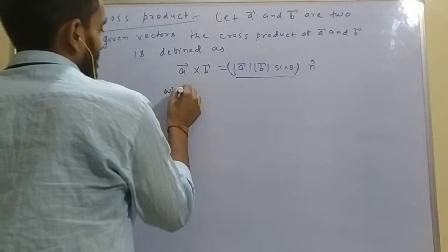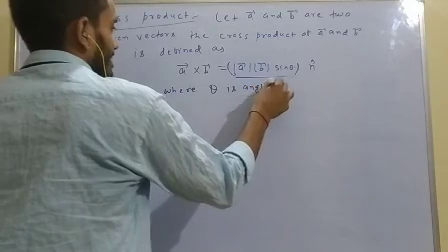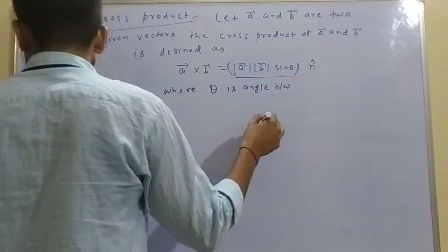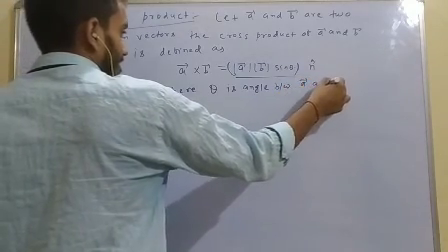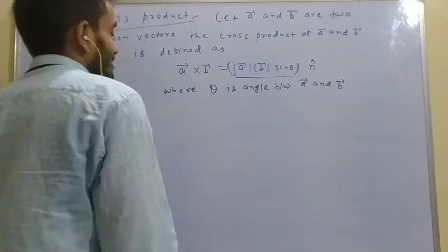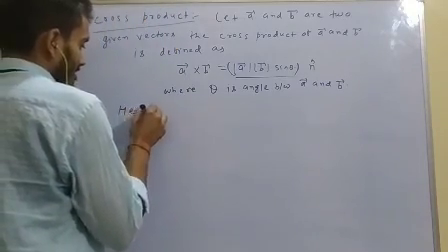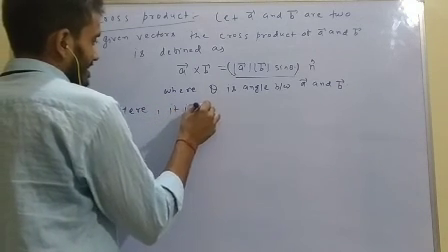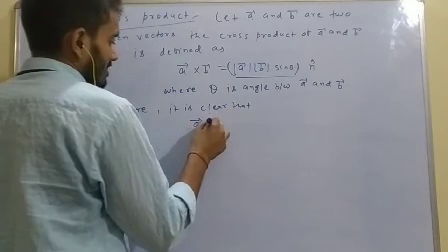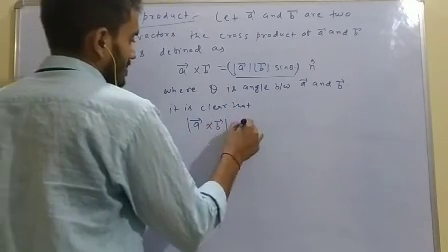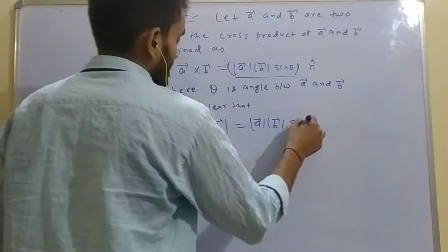Where theta is the angle between vector A and vector B. Here it is clear that magnitude of vector A cross vector B equal to magnitude of vector A, magnitude of vector B, sin theta.